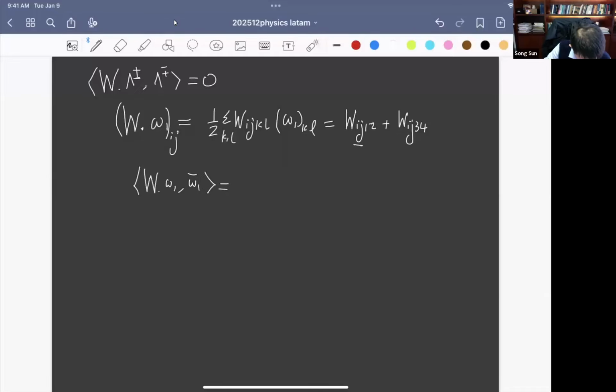You see that this becomes W1212 plus W3412, this is the first part, and then you subtract the 3, 4 part: W3434 plus W1234.